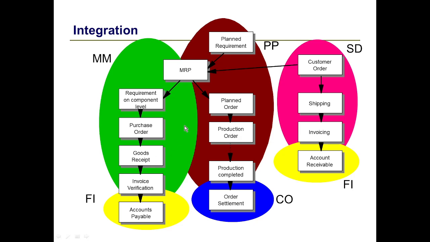Like you can see, purchase order, goods receipt and invoice verification are integrated with FI, and PP planned order and production order as well. Production completed. This is the end-to-end cycle: planning first, production, and completing the production.